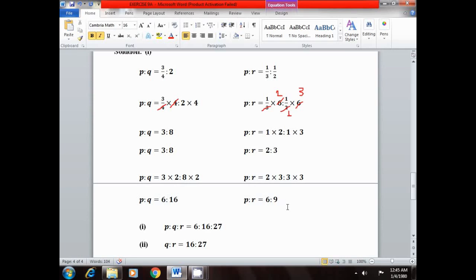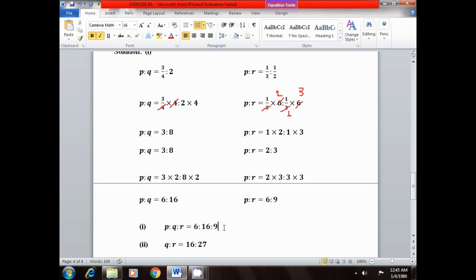Now you see we have a constant value, a fixed value for p. On the left side the value of p we have 6, and then on the right side you see we have the same number 6 for p. Now we can find the ratio p ratio q ratio r. Now what is p? 6, and what is q? 16, and we have the value of r 9.